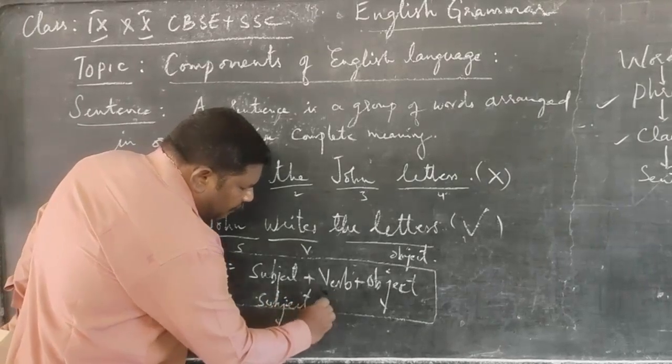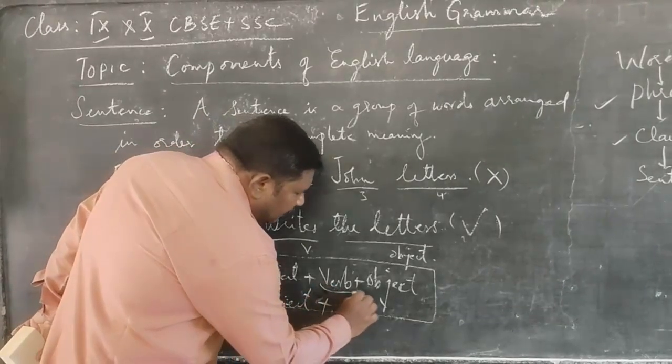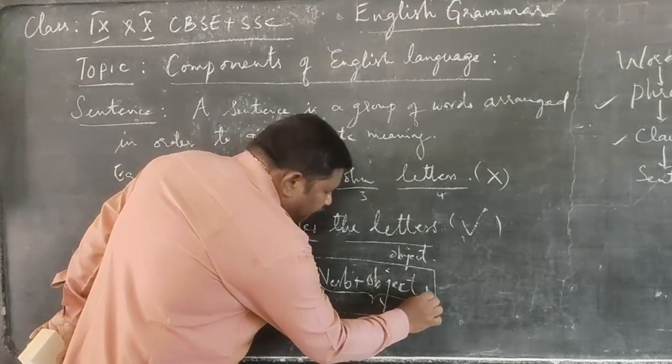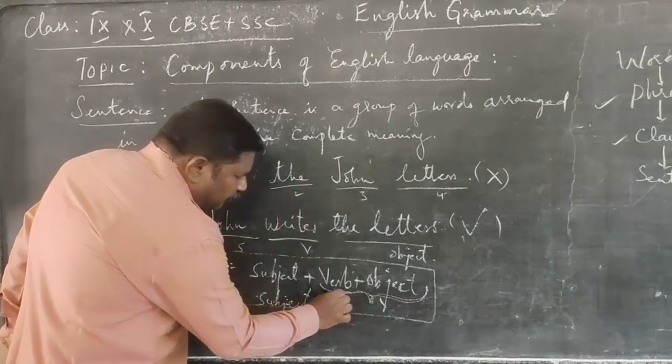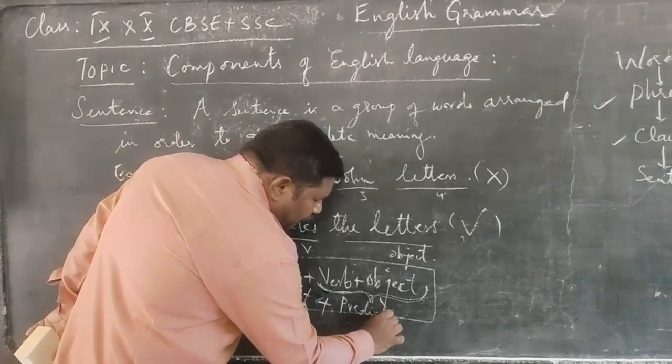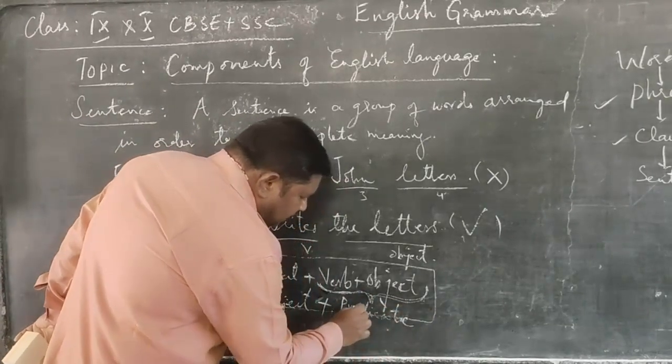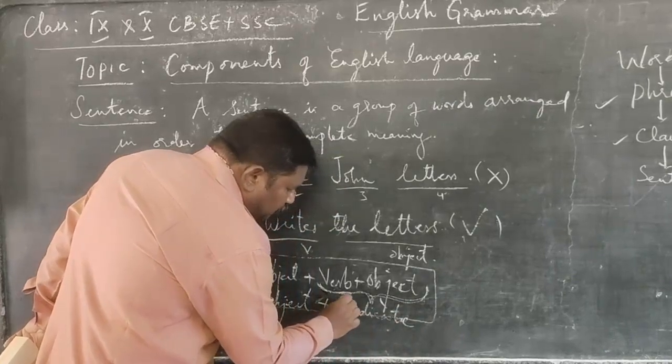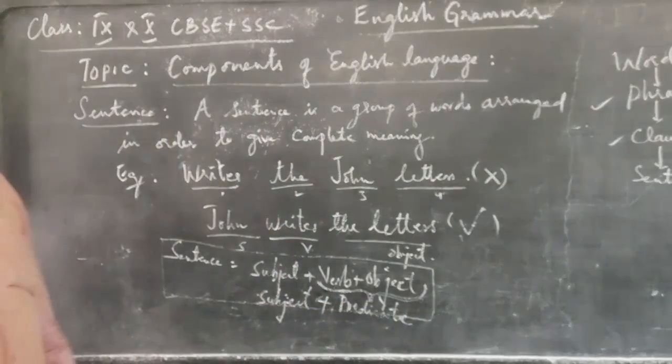Some of the grammarians have considered verb plus object as the predicate. Verb plus object is called a predicate.